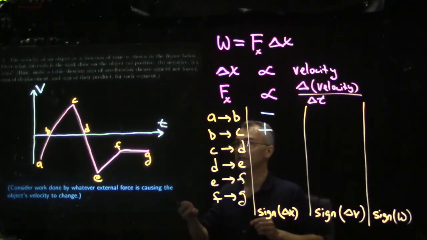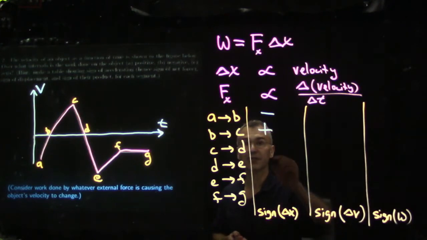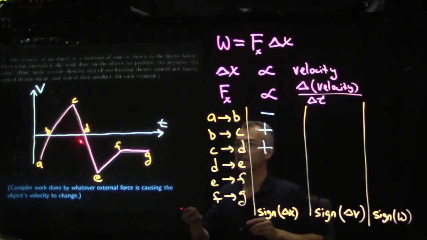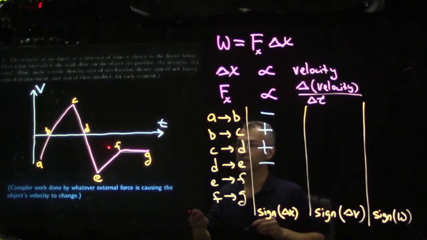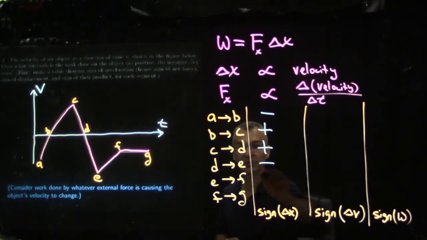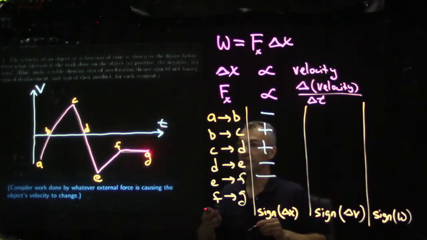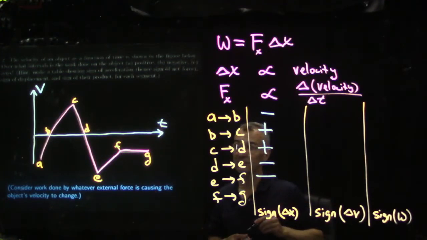Between C and D, the velocity is positive, so the displacement must be positive. Between D and E, the velocity is always negative, so the displacement must be negative. Between E and F, the velocity is always negative, so the displacement must be negative. Between F and G, the velocity is always negative, so the displacement must be negative.